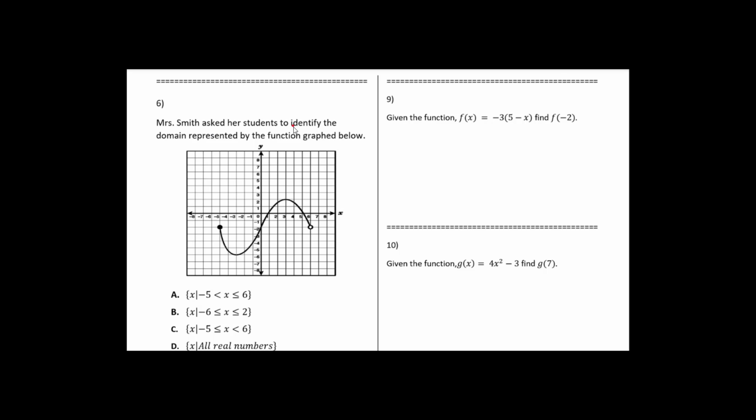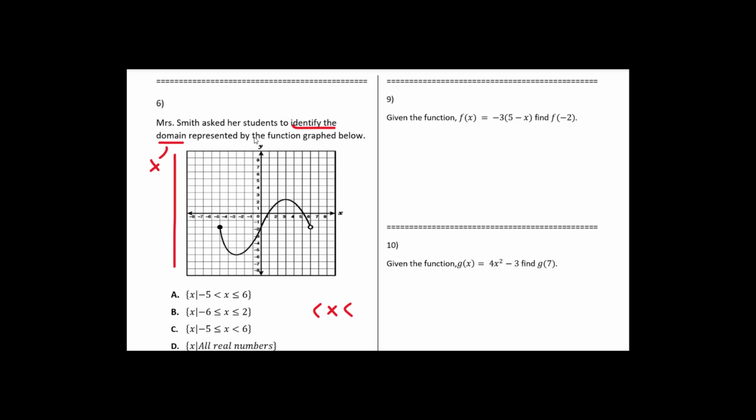basically to identify the domain. So if you remember, domain is the x values. So basically, you're going to start out with your setup. And you're going to imagine a vertical line. Sorry, my vertical line didn't quite work there.